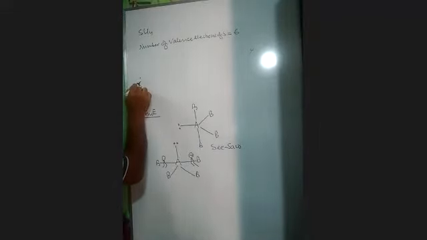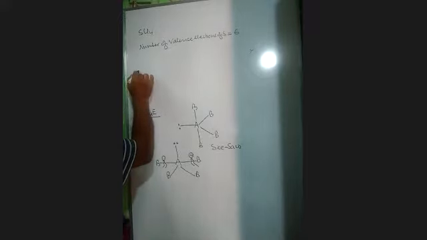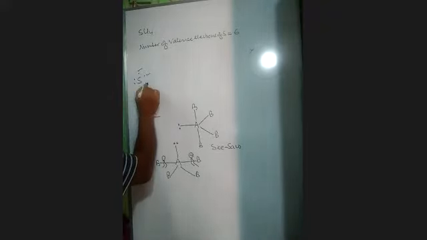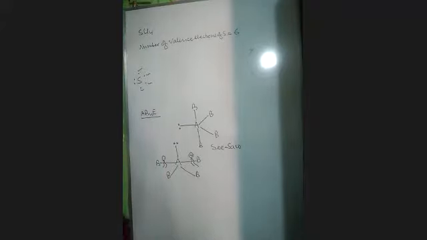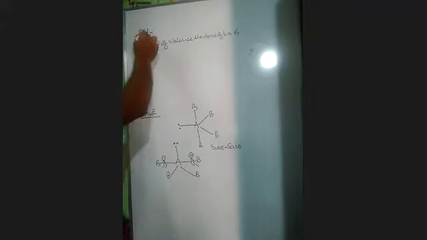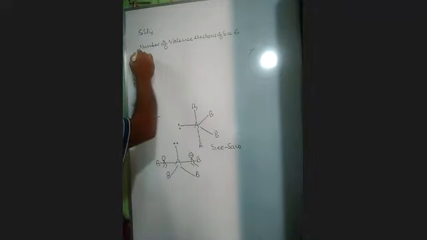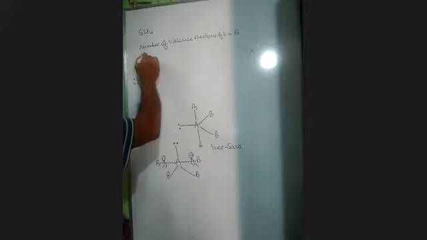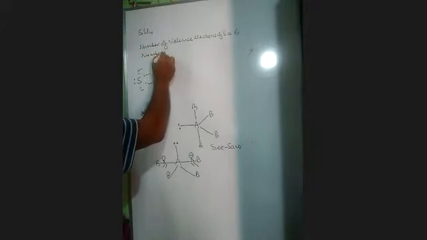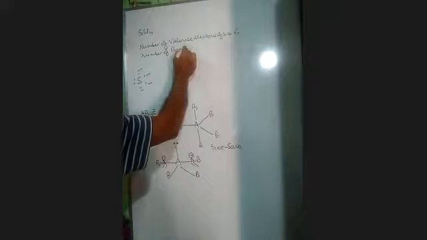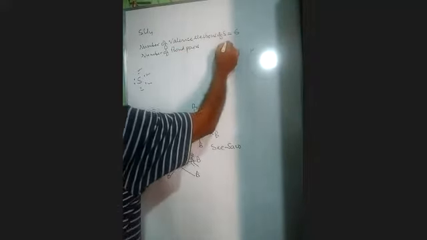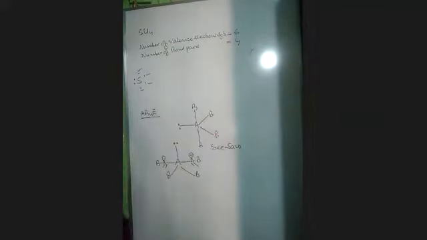Okay. 1, 2, 3, 4, 5, 6. Okay, I write it like this. 1, 2, 3, 4. This is bonded with one chlorine, another, third, and fourth. So how many bond pairs do you have? Count the number of atoms. 4. And because valence of chlorine is 1 only, number of bond pairs equal to 4. All right.